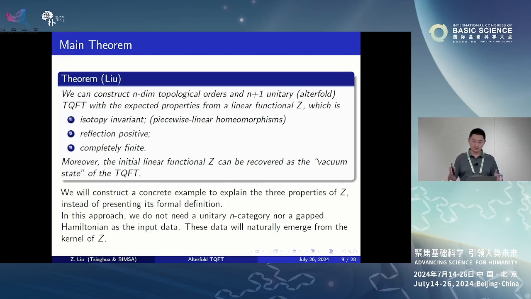And actually, all the categorical symmetry will just naturally emerge from those algebraic relations. Also, we will see the Hamiltonian and many other data in a very natural way just from the kernel. So even though essentially we only require this single reflection positivity condition, this is a strong condition, and we learned from quantum field theory that this condition somehow should be enough.